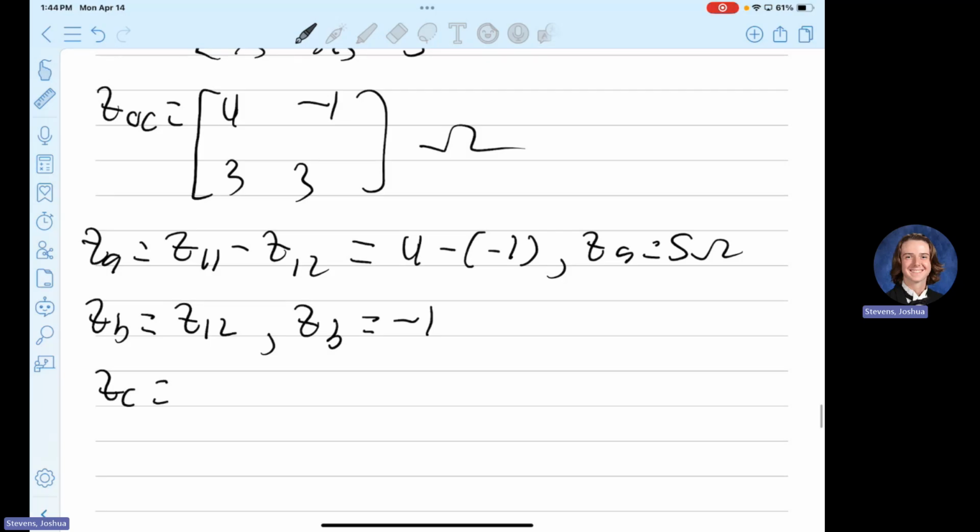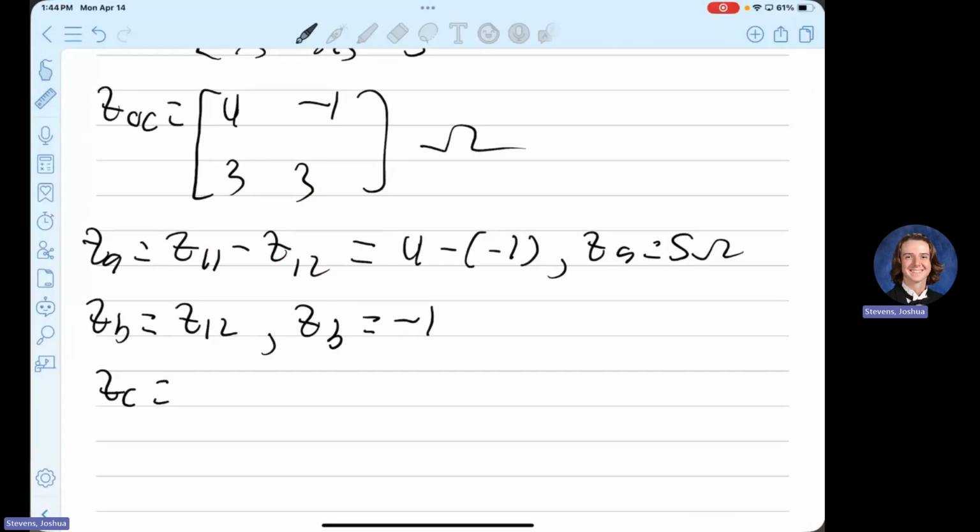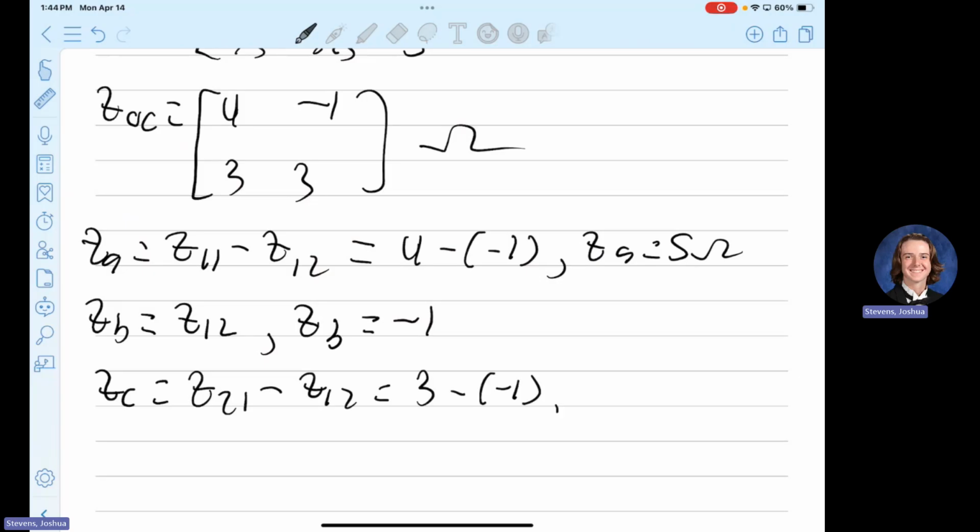Now Z21 minus Z12 equals ZC. So that then becomes 3 minus -1. ZC equals 4 ohms.